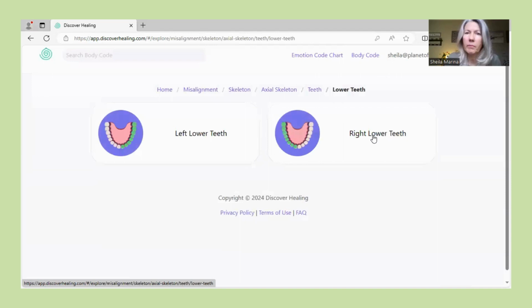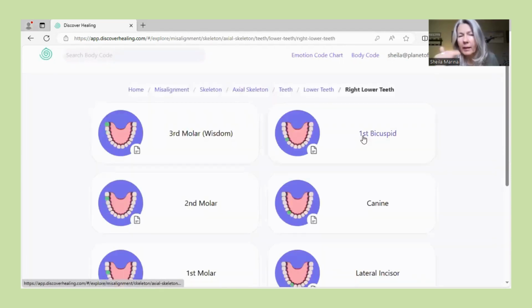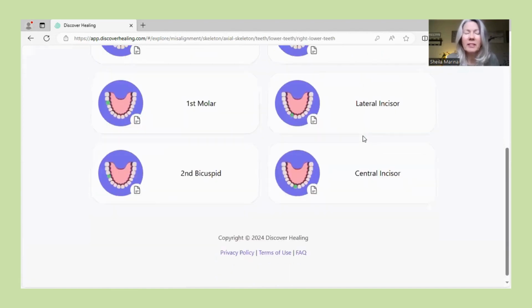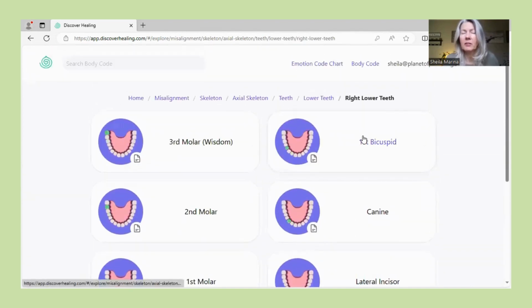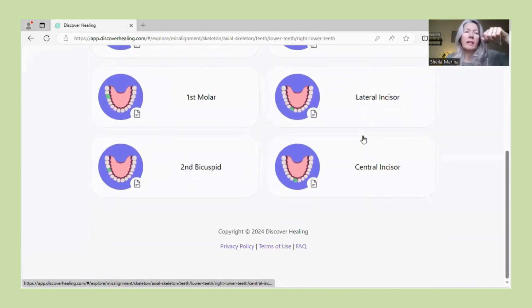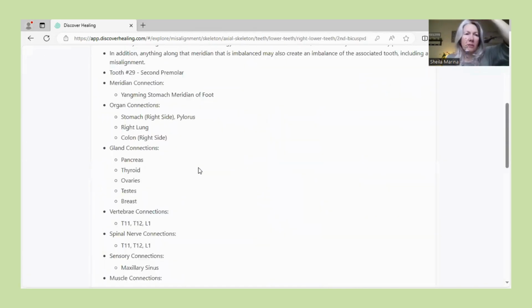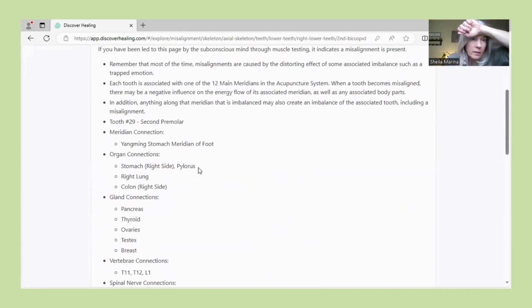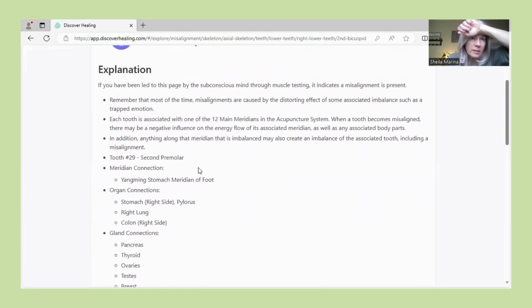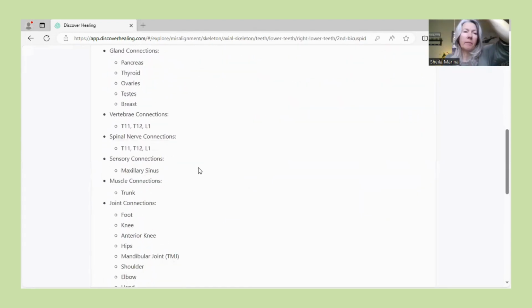So when we go back, we'll find out a little bit more. But in this second bicuspid for Gus, let's find out now. Is there anything else that we need to learn today in the body code? Let's see here. I believe this is the same one, so pardon me.